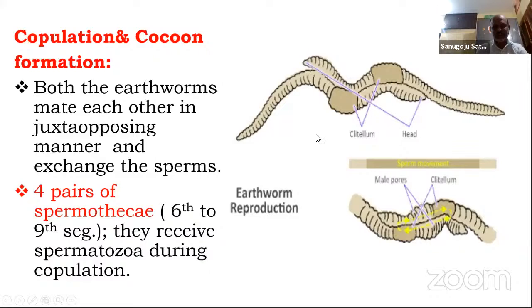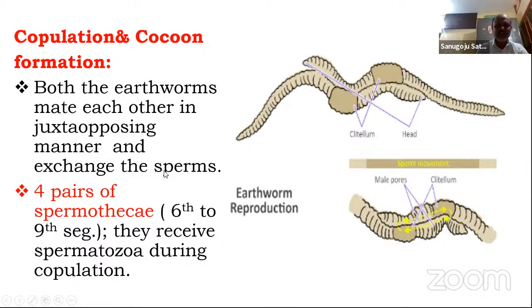They receive spermatozoa during copulation. That means the 4 pairs receive sperm from the anterior part of this earthworm, and from the other earthworm it is receiving too.